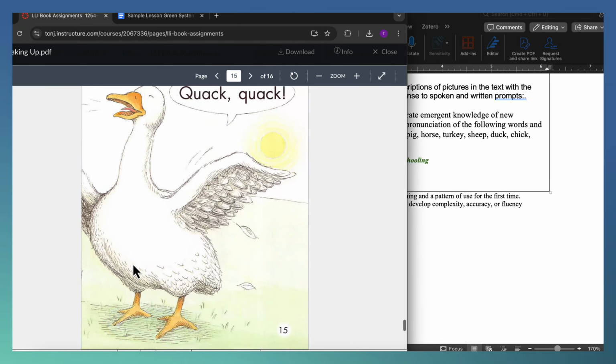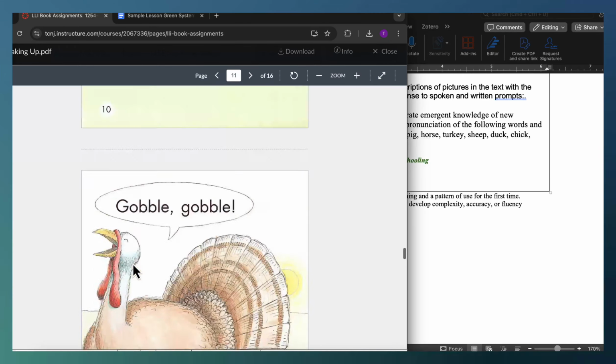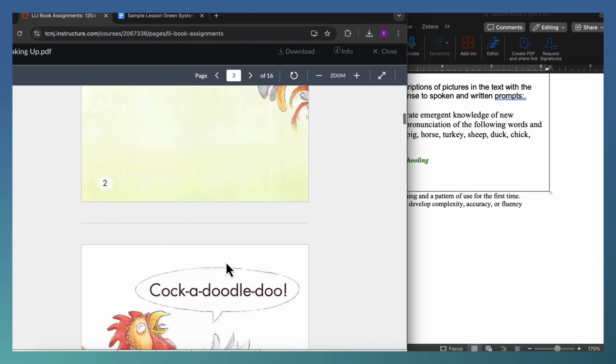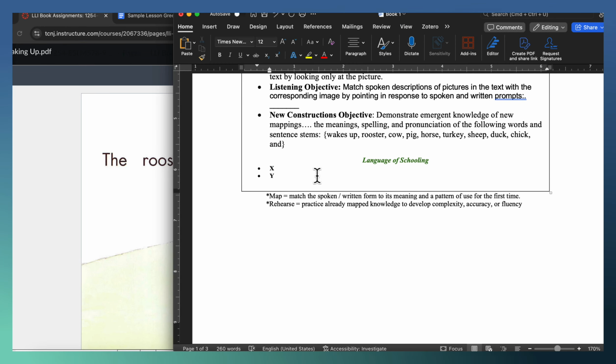And I am working with a very simple text. So I'm also going to think a little bit ahead on what my learners are going to need to navigate. So, language of schooling, map: students will be able to map front cover, back cover, turn to page.